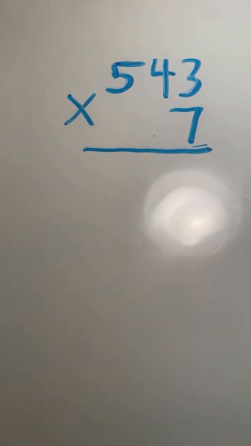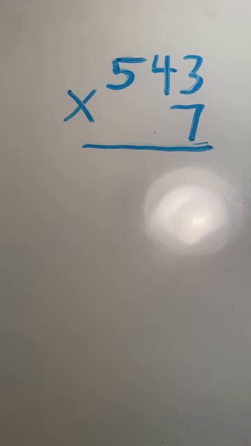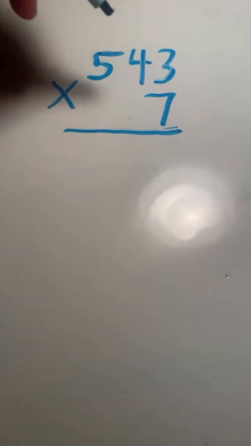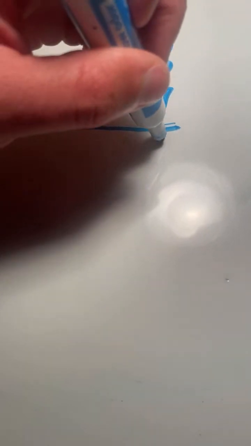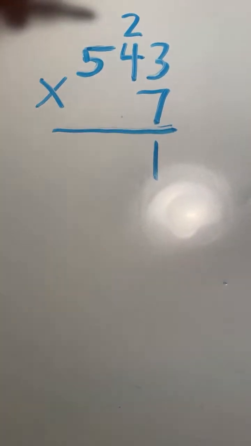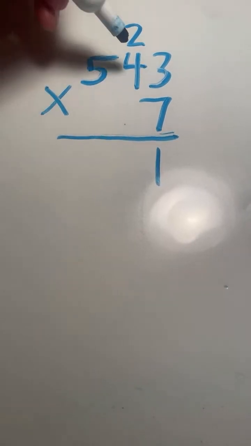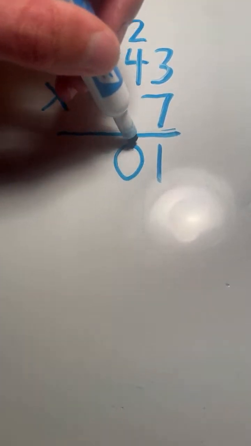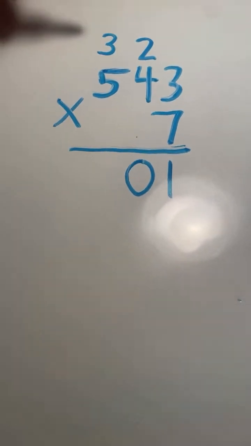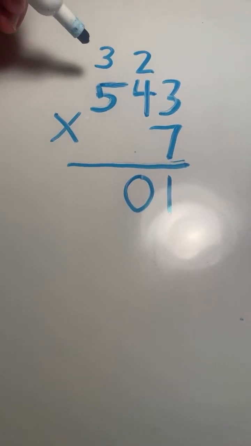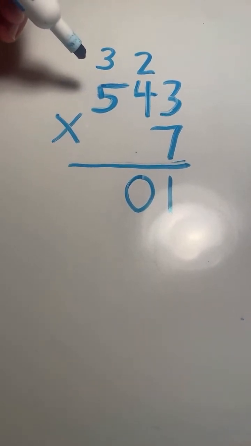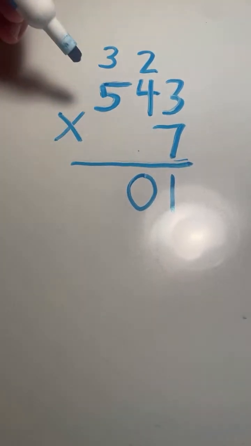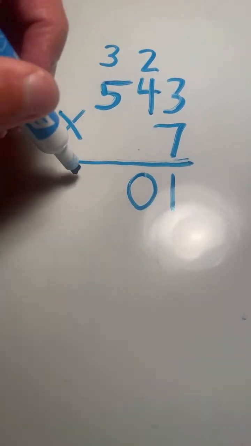All right, next example problem, we have 543 times 7. So we start in the ones place. 3 times 7 equals 21. 1, carry the 2. 4 times 7 equals 28, plus 2 equals 30. 0, carry the 3. 5 times 7 equals 35, plus 3 equals 38.